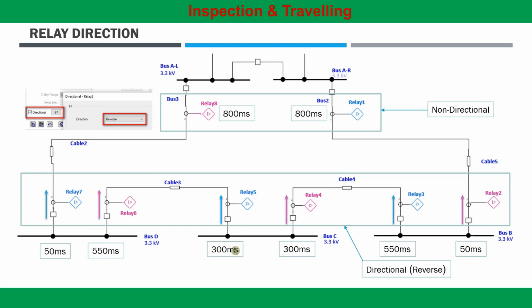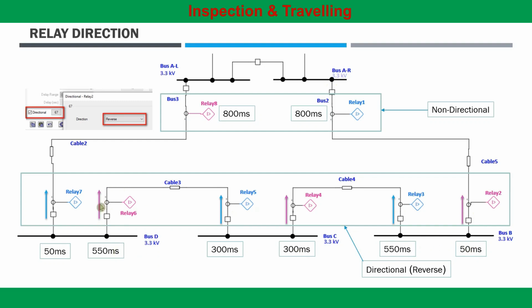And relay 3 is set to operate at 550 millisecond. Similarly, the relays shown in red, which are relay 2, relay 4 and relay 6, are coordinated and set to operate at 50 millisecond, 300 millisecond and 550 millisecond respectively.